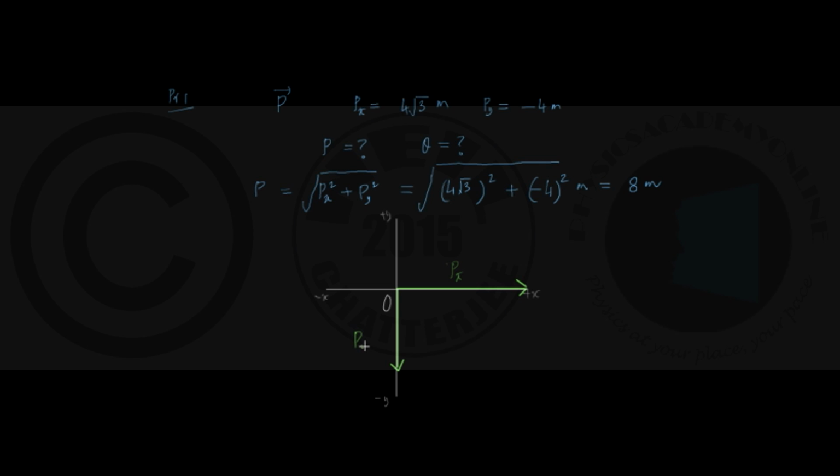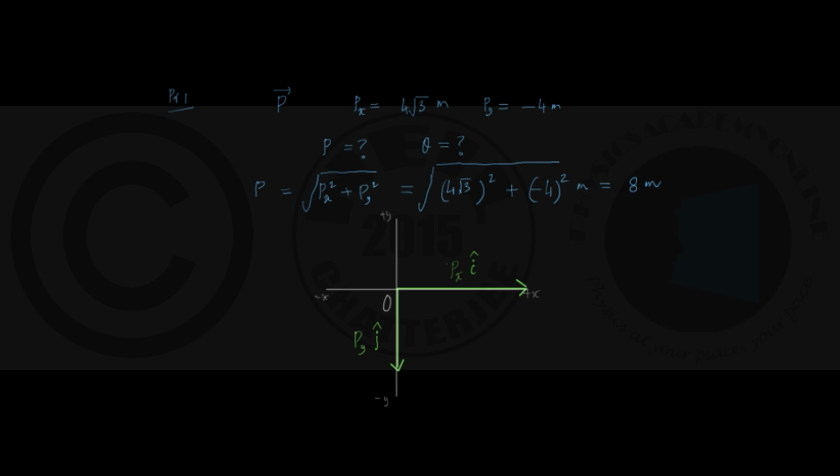So let me write that. This is your py, and of course if I want to write in a vectorial way, I must give the j cap, that is j is a unit vector along the y axis, and this is px into i cap, because i is a unit vector along the x direction. So when you add these things up, you are trying to reconstruct p from px and py.